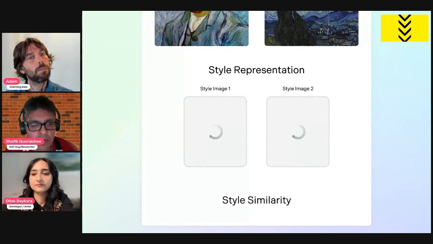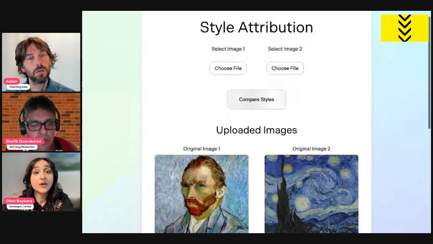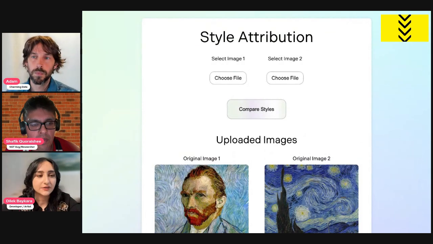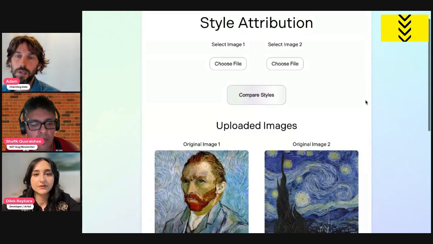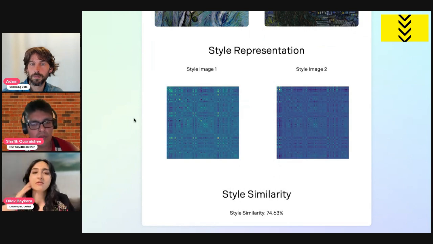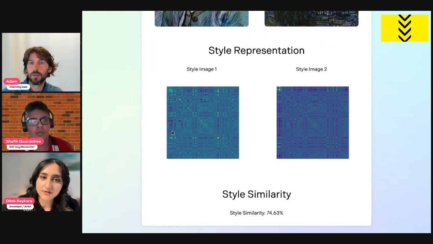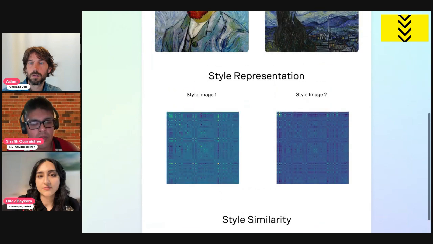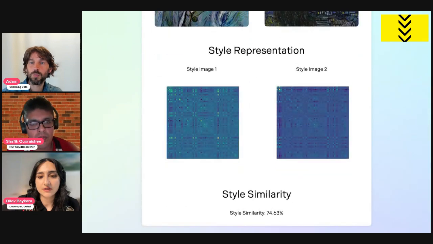What do you mean by same elements being used? Just the colors and how I styled each of the buttons, the background. Okay. Just to ensure that everything's streamlined and belongs to the same concept. So here are the gram matrices that are displayed here. And what was the percentage?